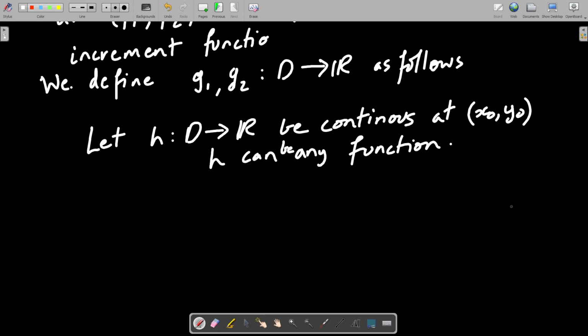It can be any function which satisfies the continuity at (x naught, y naught). Other places, what it does I'm not so interested in. So what we do is we'll define this here. Wait a minute.